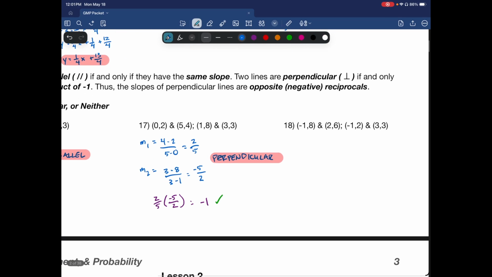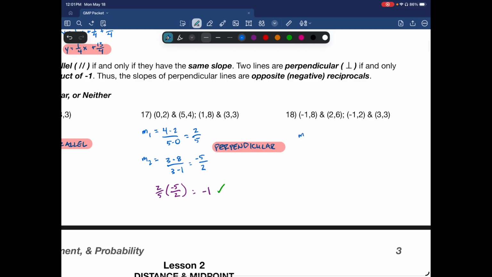Okay. Now on 18, my first slope is 6 minus 8 over 2 minus -1. That's going to be -2 over 3. And my second slope is going to be 3 minus 2 over 3 minus -1. That's going to give me 1 over 4.